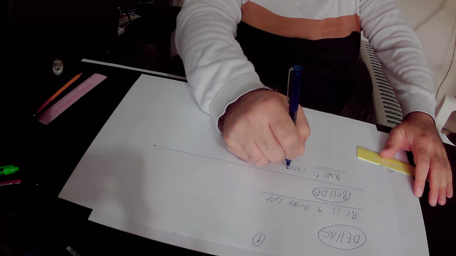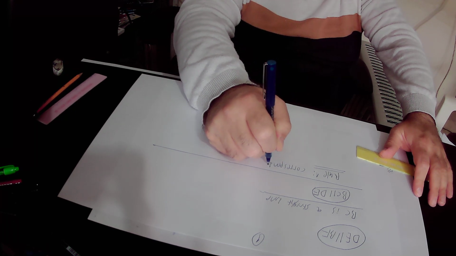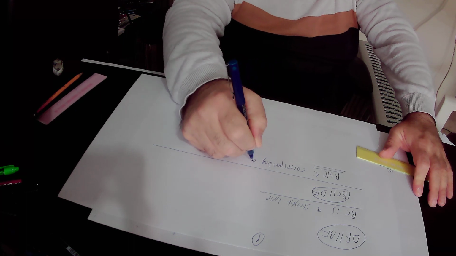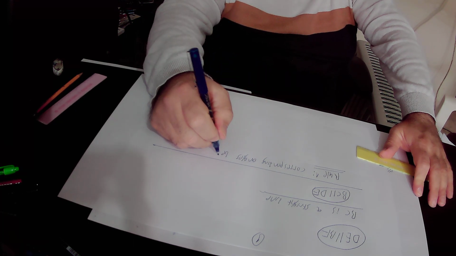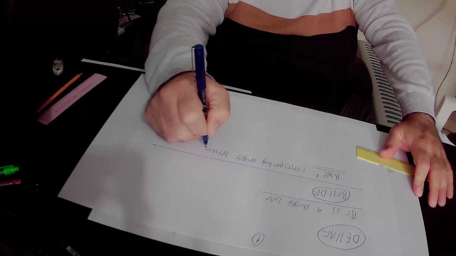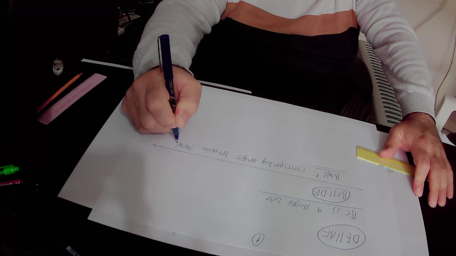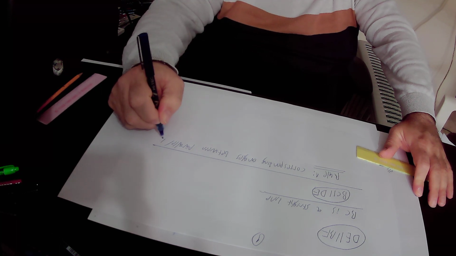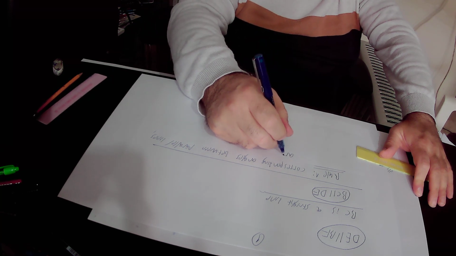Corresponding angles between parallel lines are equal to each other.